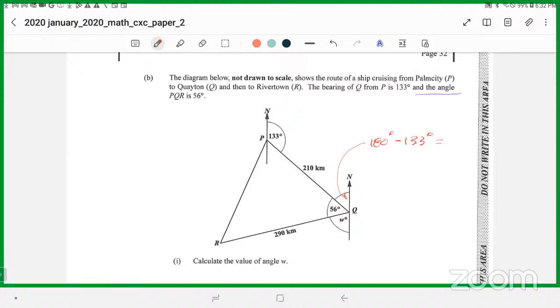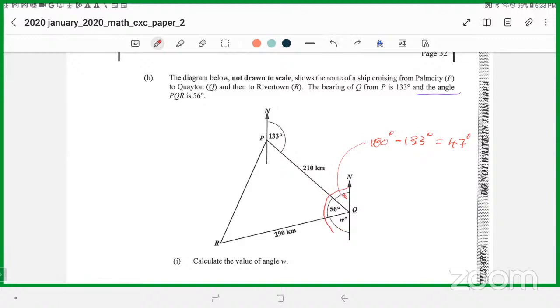Now another way you could do it. I'm gonna show you another way. What does it work out to? 180 minus 133, you get 47, right? That's correct? That's 47, right? And you're gonna see the total angle on a straight line is 180, right?